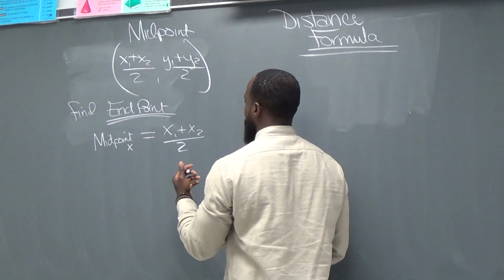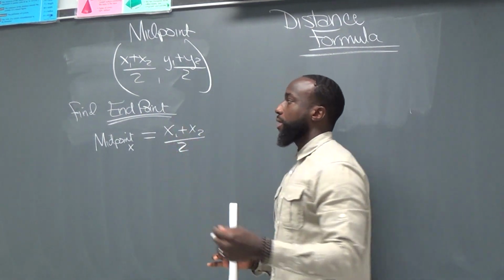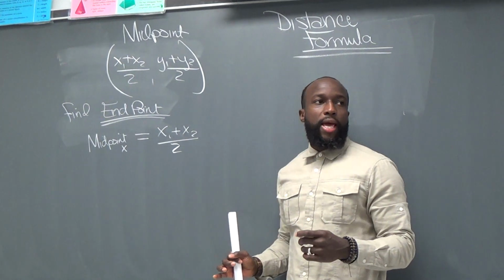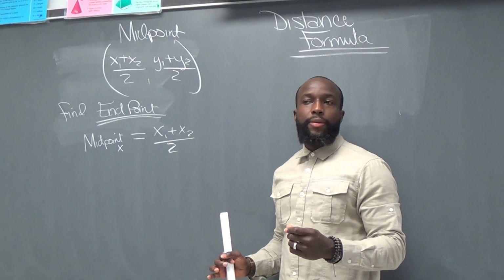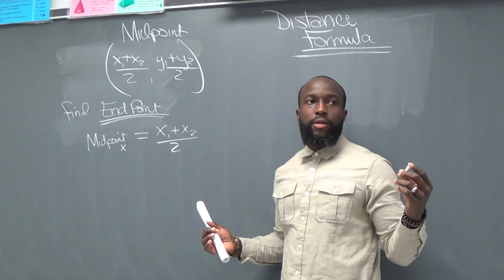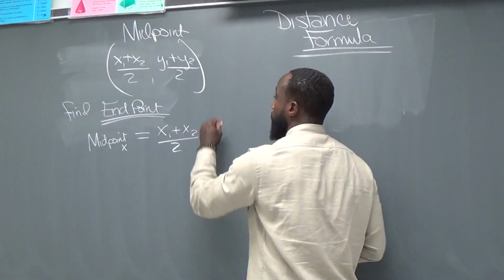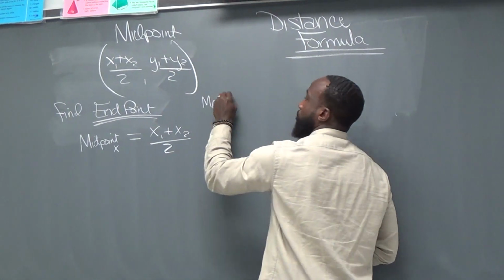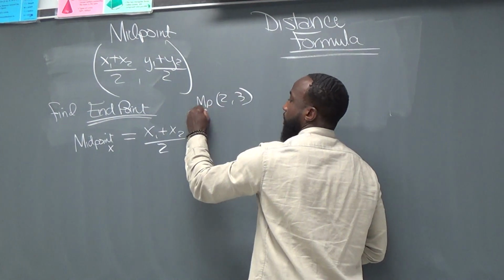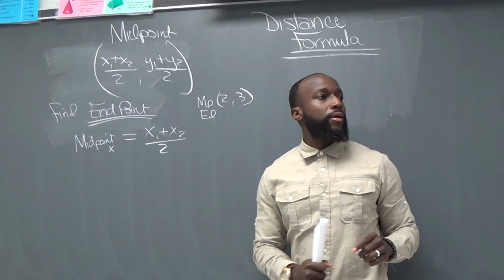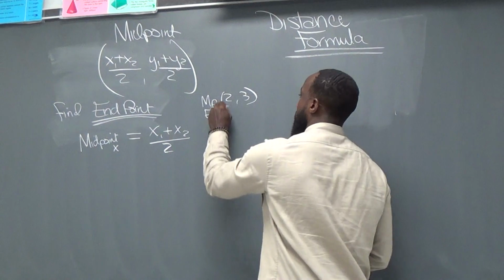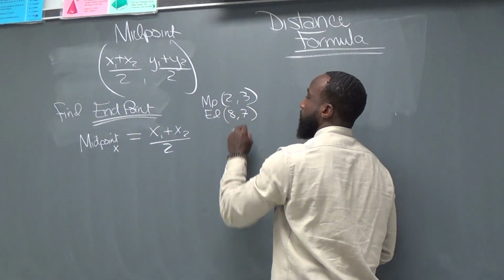So let's use a point. Give me a midpoint, any coordinate. 2, 3. Okay, so if the midpoint is 2, 3, and an endpoint, give me an endpoint value. 8, 7. So that's the endpoint.